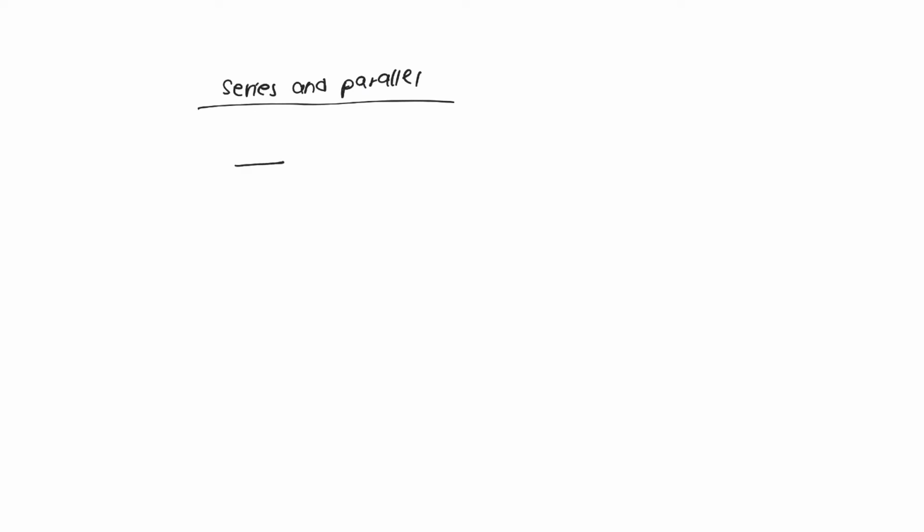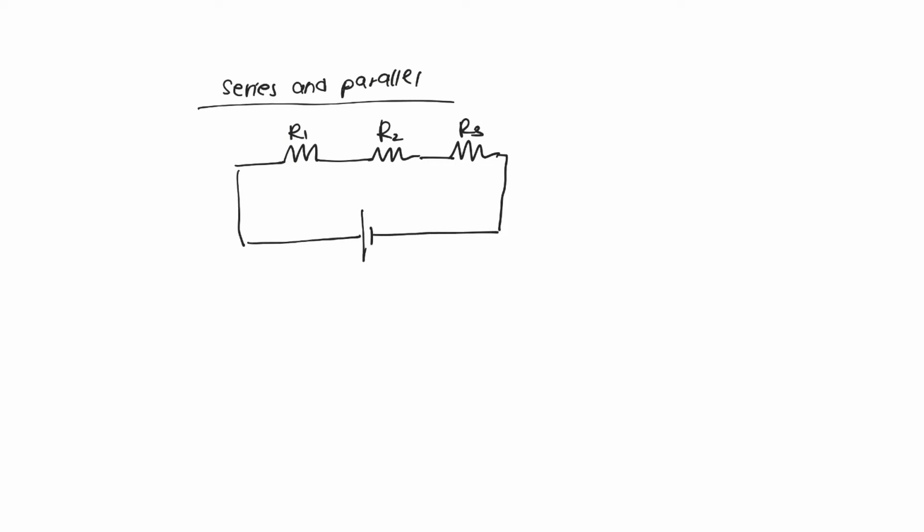Okay, resistors in series. For example, if I have R1, R2, and then R3, and these resistors are connected to the power supply, then we have a positive and negative. What happens is, when you connect a potential difference, there will definitely be a current flow.